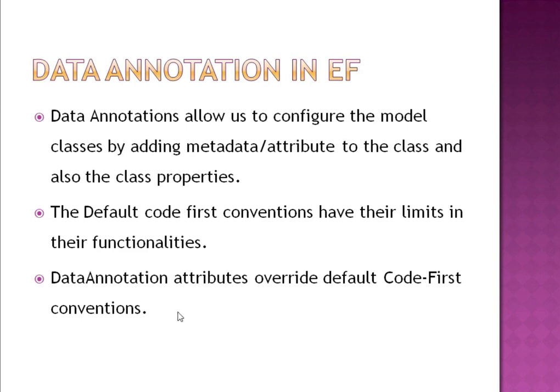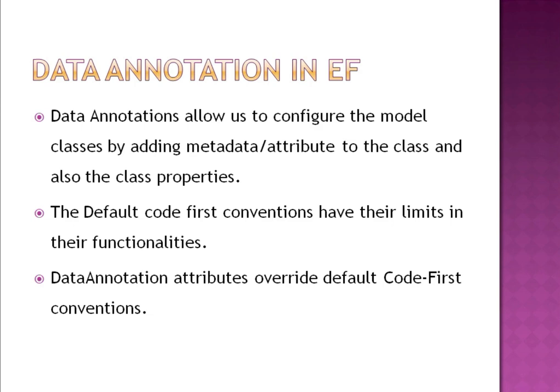Now what is the meaning of this? Basically, if you do not specify data annotation, the default Code First convention works. And if you specify data annotation, in that case your default convention will be ignored, and whatever you specified in the form of data annotation will be considered by Entity Framework.